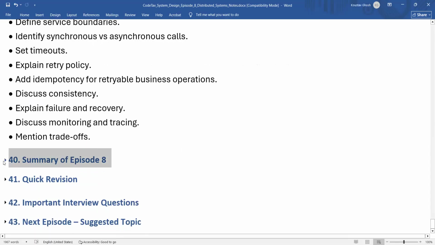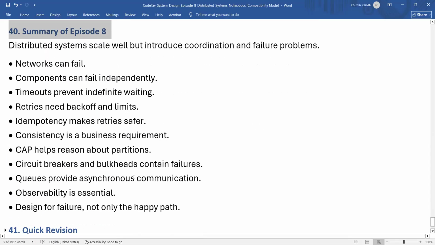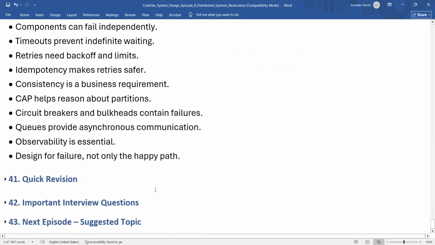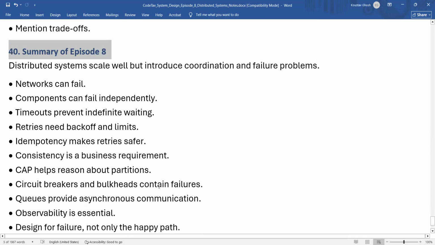Next, summary of this episode 8. So let's create a simple mental model. So when designing a distributed system, first understand the requirements. Second, you need to identify the services and data flow.